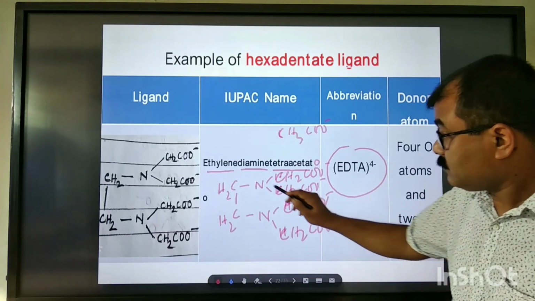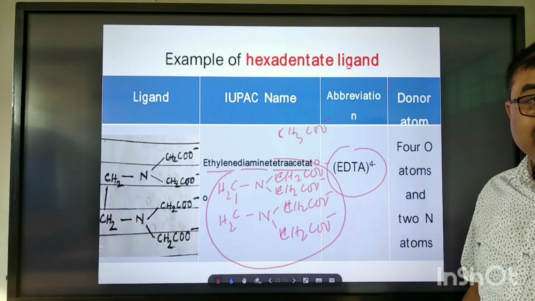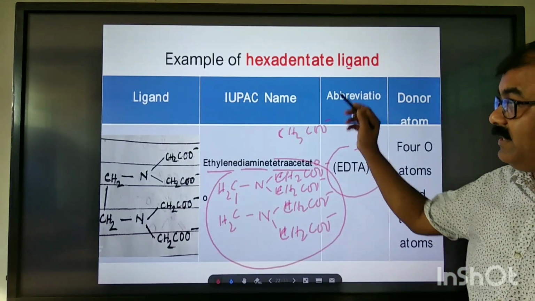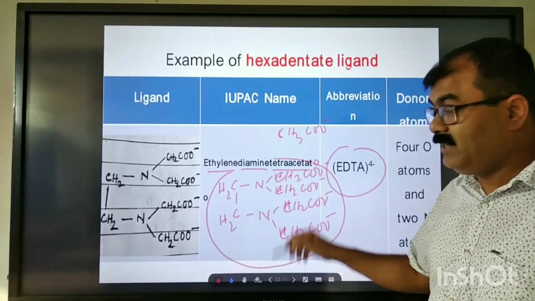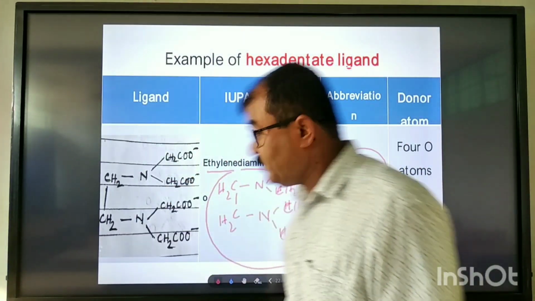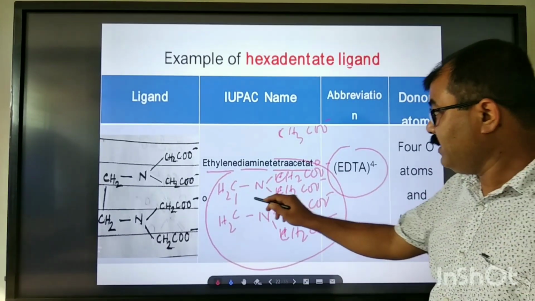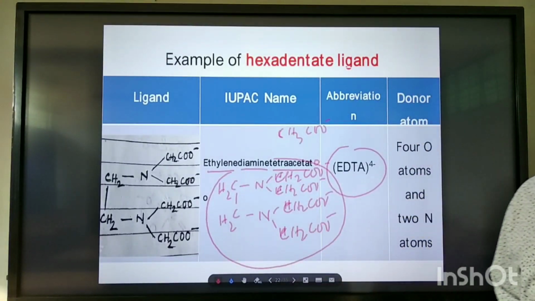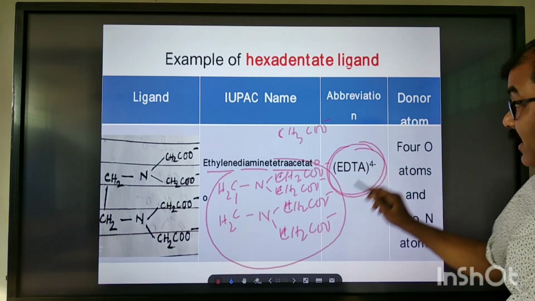See, this is the structure of the hexadentate ligand, that is ethylene diamine tetraacetate. Ethylene diamine tetraacetate is the ligand, and the name given in the IUPAC system in the complex is ethylenediaminetetraacetate, and the abbreviation is EDTA 4 minus.